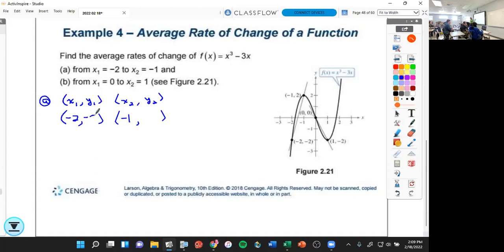-2. And what is the y value that goes with -1? I have to find the slope of this.